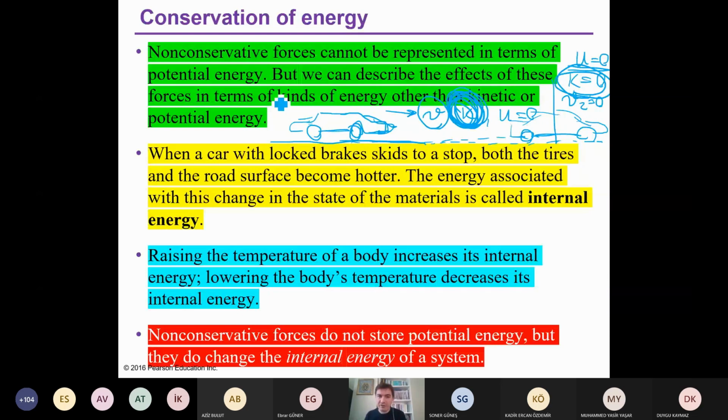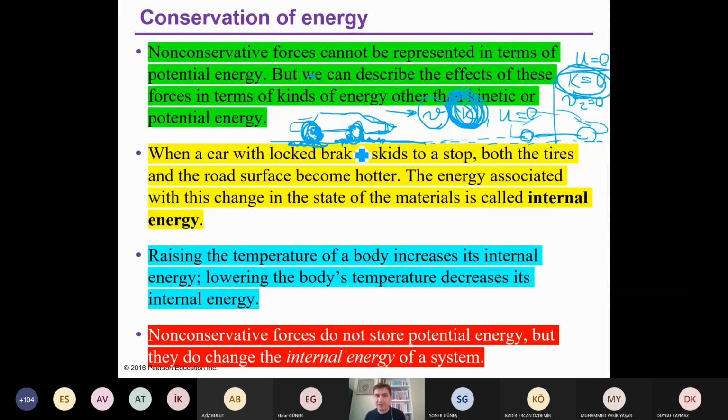So due to the friction force between the surface of the tires, when you lock the brakes to stop, the surface of the road and the rubber of the wheels will be very hot, due to the friction.